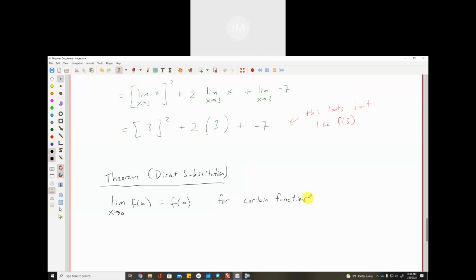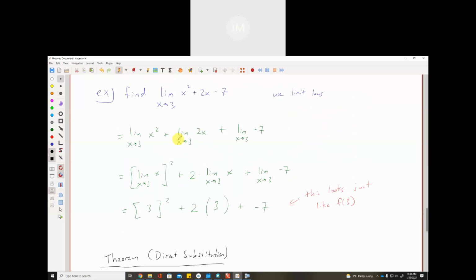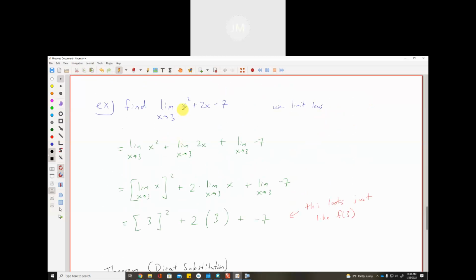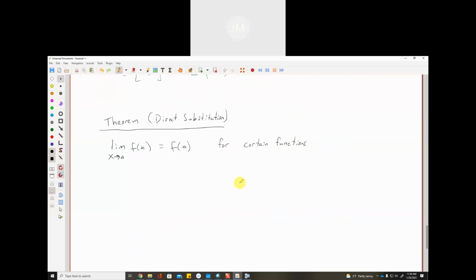Okay, now based on what I did here, if I have any polynomial, I'll always be able to break a polynomial up over its additions. I'll be able to factor out the constants. I'll be able to bring the powers out. And so I'll be able to break any polynomial down into all of its pieces. Okay, so the list of functions that I can work with here includes polynomials.